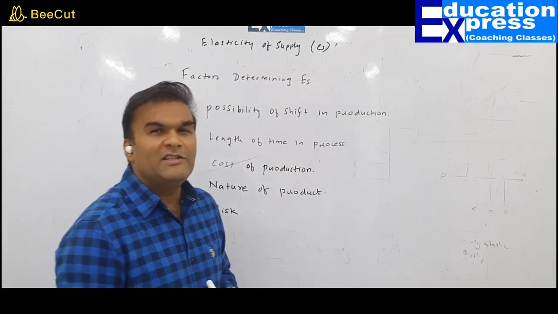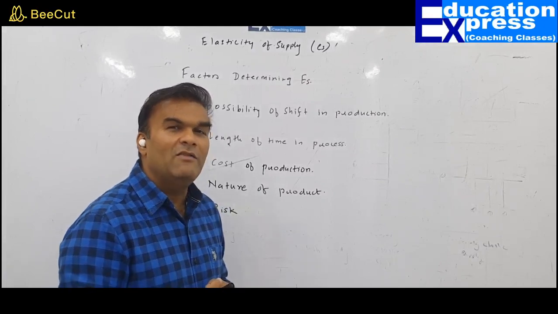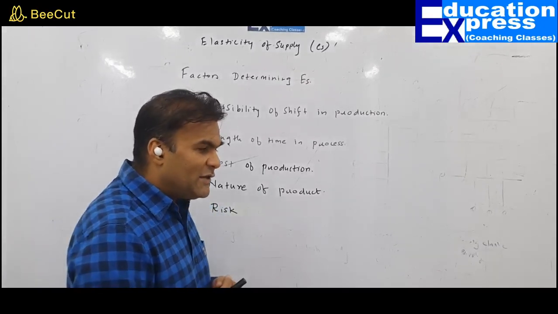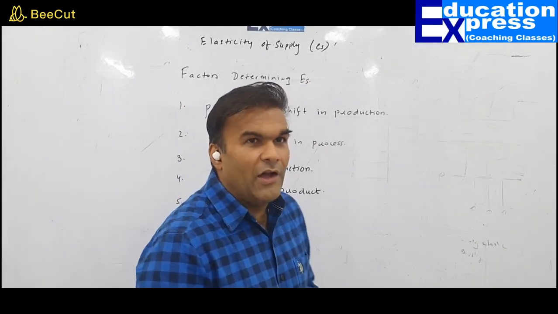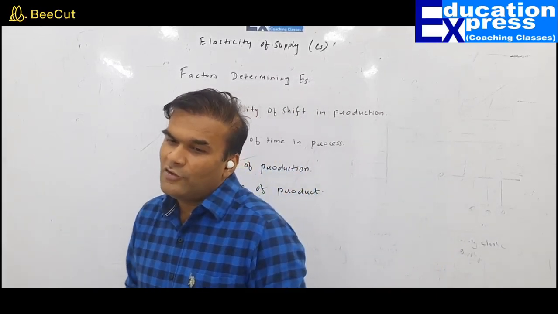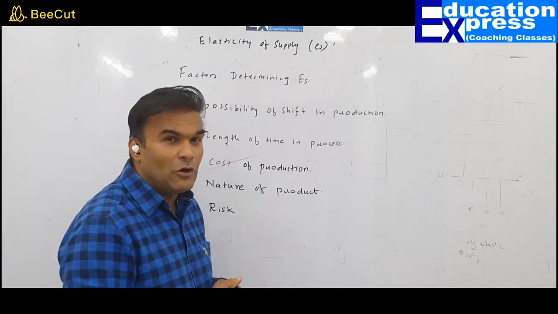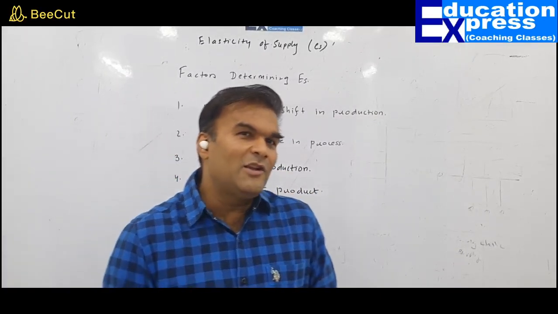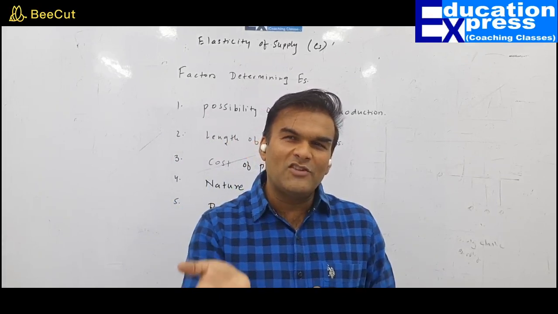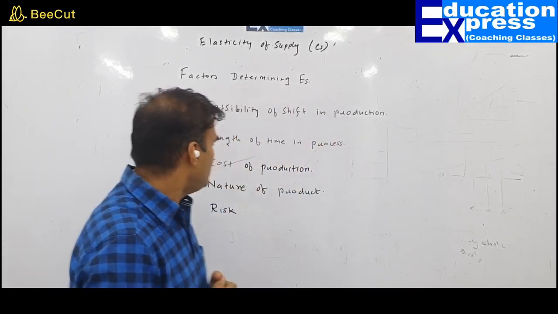Henceforth, if the cost is falling, supply would definitely be relatively elastic. And if the cost is rising, I really don't want to burn my hand in rising cost. As a producer, my margin is not going to be as healthy as it was before the rise in the cost. As a result, if cost of production rises, supply tends to be relatively inelastic.